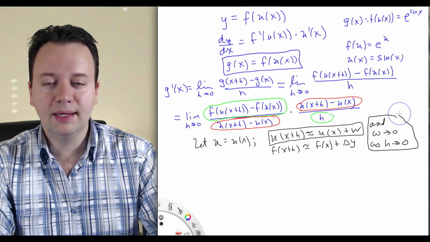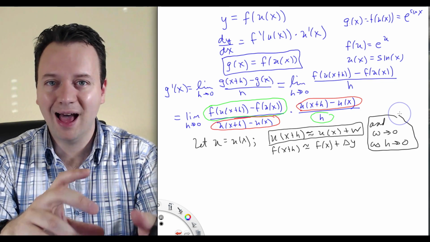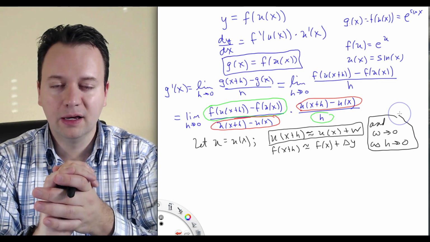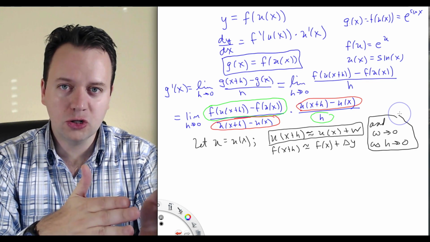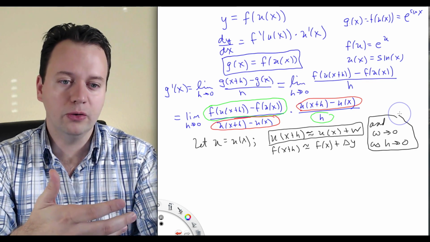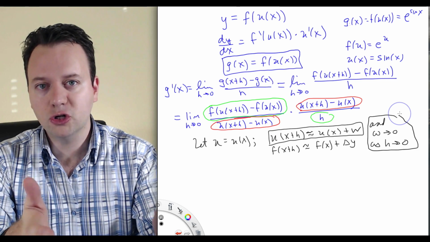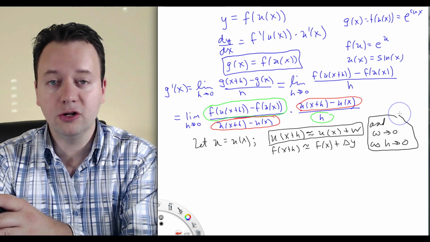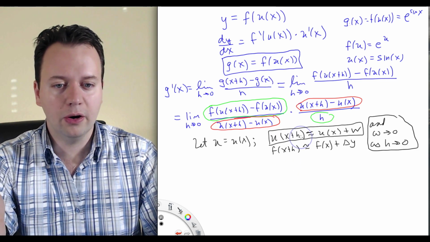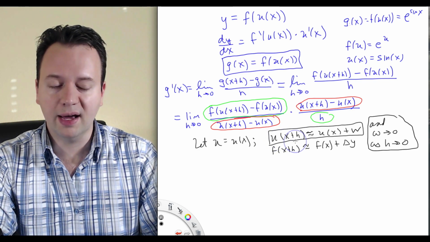Basically, w is the small correction in the output of u of x. If I change the input by h, the output will be changed by w. So here w is a function of h, and w goes to 0 as h goes to 0, because as h goes to 0, this just approaches u of x.